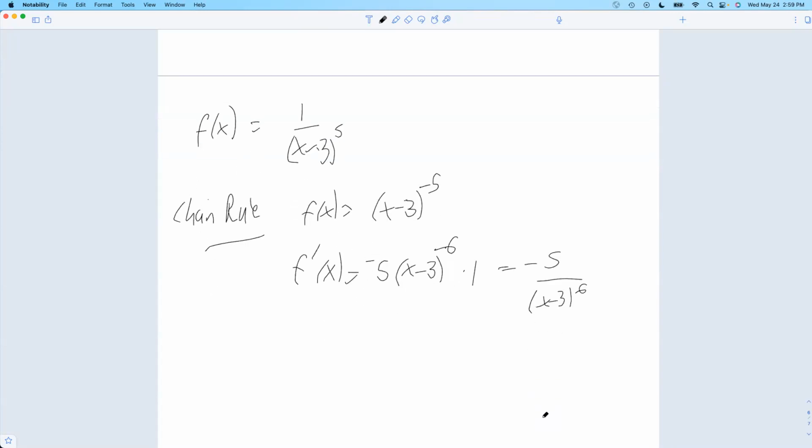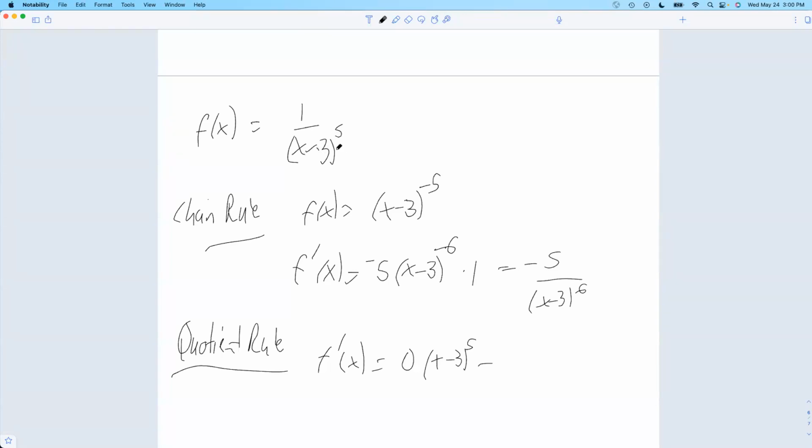If I use quotient rule, now I have to do the derivative of the top, 0. Derivative of a constant is 0. Times, leave the bottom alone, minus derivative of the bottom.